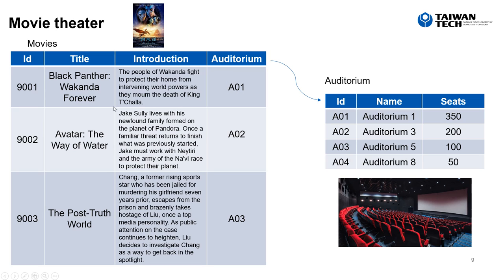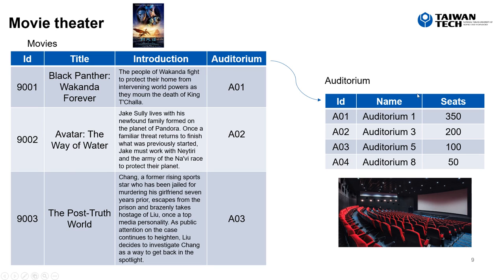Okay, and the other table is auditorium. Auditorium has its own ID and its name, because each auditorium has its own name, and it also has the number of seats, how many seats are available. Okay, and you can note what is similar between these two tables. Both of them have an ID.